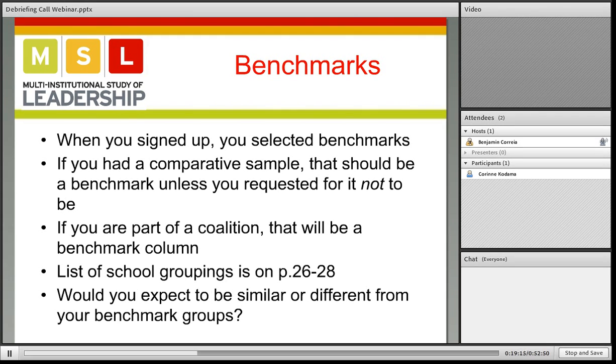That's going to be a different answer for everyone. Obviously, everyone wants higher scores than their benchmarks, but that might not necessarily match the efforts you're doing on your campus, or the differences in mission that you might have with other schools. So consider how you want to use your benchmarks.